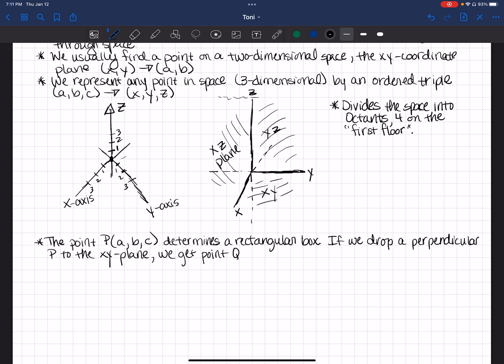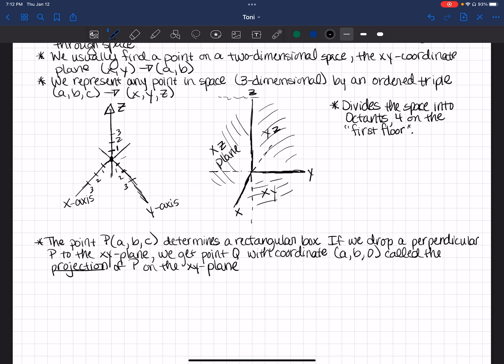Okay, point Q with coordinates A, B, 0 is called the projection of P on the XY plane.